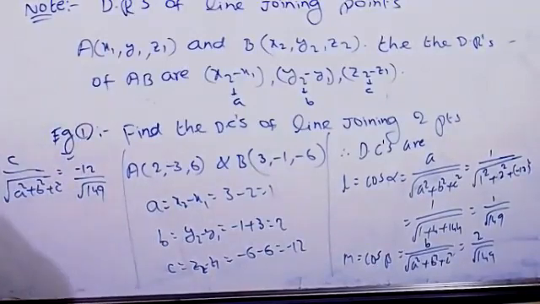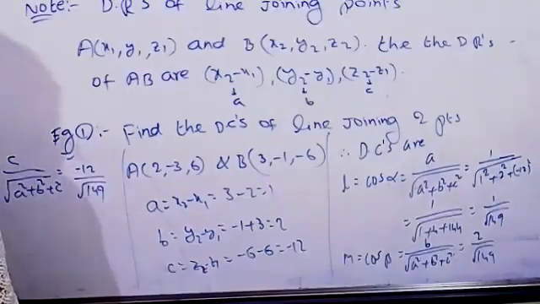These three are the direction cosines, the L value, M value, and N value. These three we call the direction cosines.